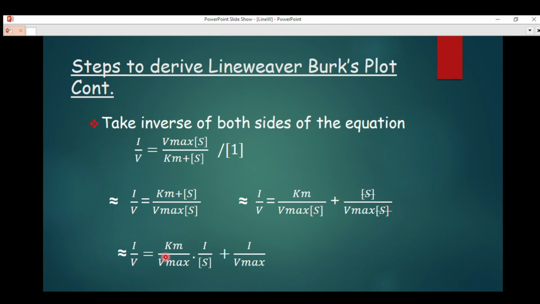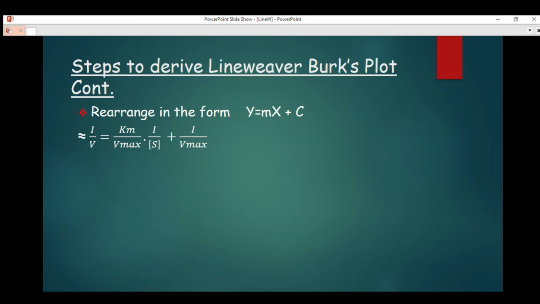This is the inverse of the Michaelis-Menten equation. After stating the Michaelis-Menten equation and taking the inverse of both sides, this is where you will arrive.